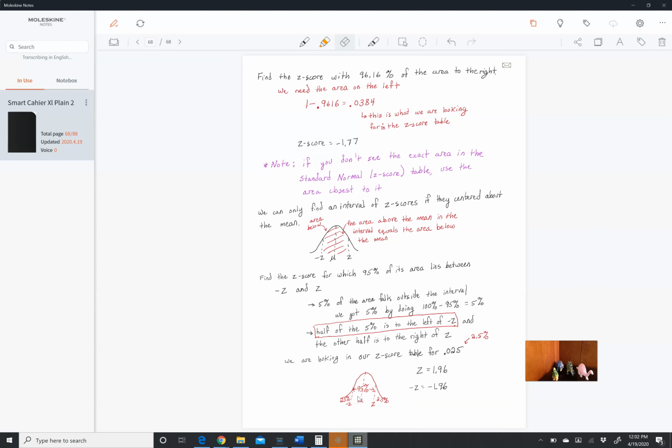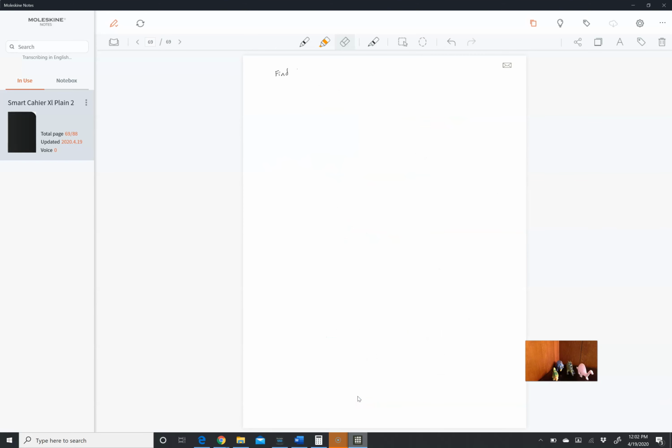Okay, let's do the same thing. Let's find the z-score for which 97.42% of the area is between negative z and z. Remember, we're always talking about the area under the curve.